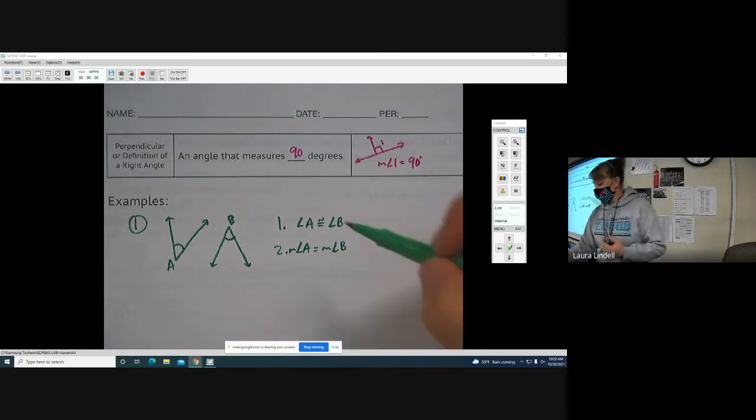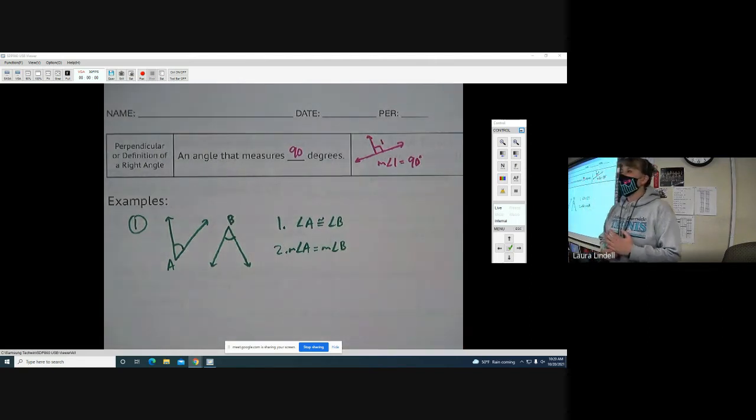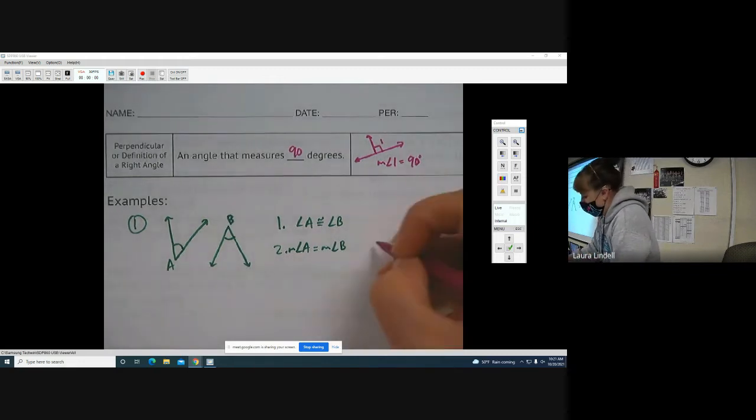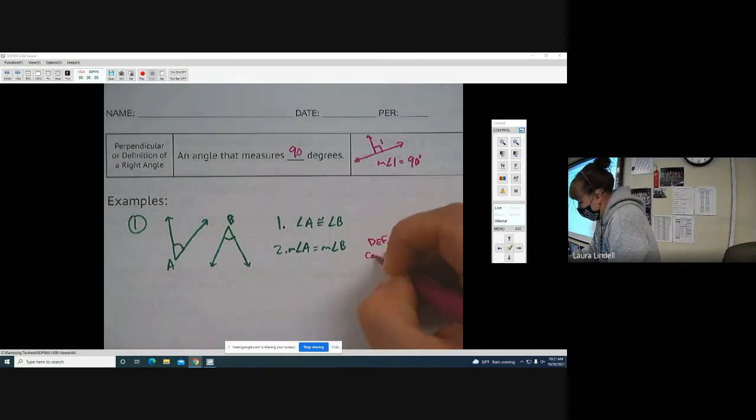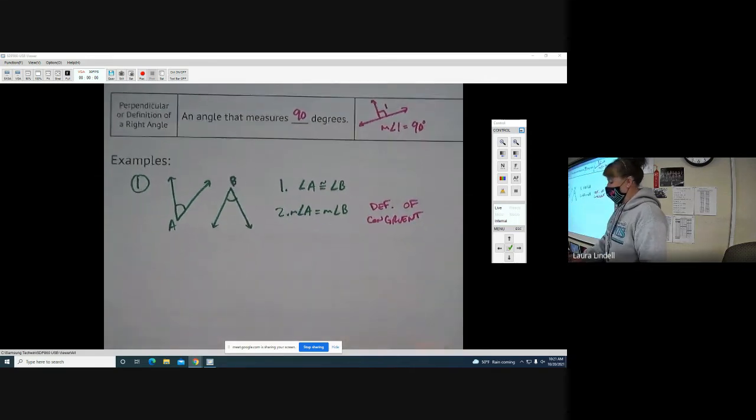We're going from two things being congruent to their measures being equal. So look back through your list of things once you've got this written down, and look for one that matches what's going on here. Definition of congruent, exactly. That's the one that goes with this. So under step 2, you would say, for your reason, definition of congruent.